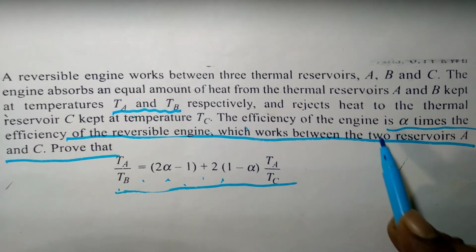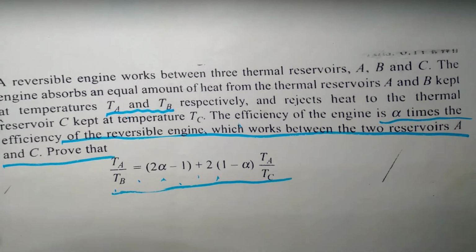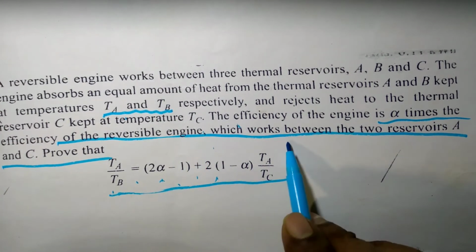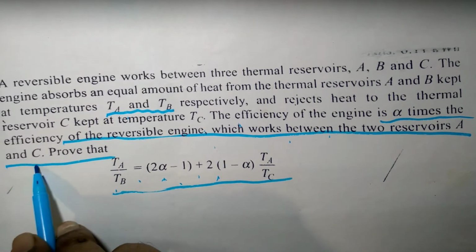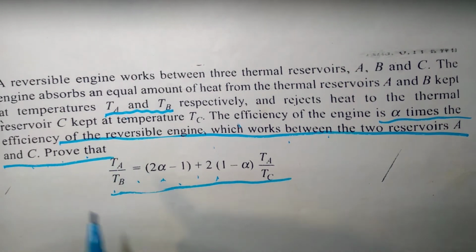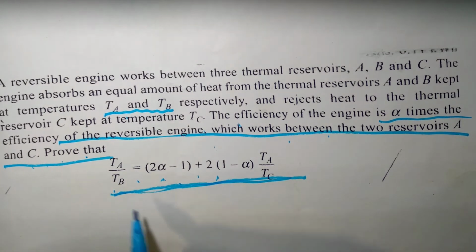The efficiency of the engine is alpha times the efficiency of the reversible engine which works between two reservoirs A and C. Prove that this is equal to TA by TB is equal to this much.